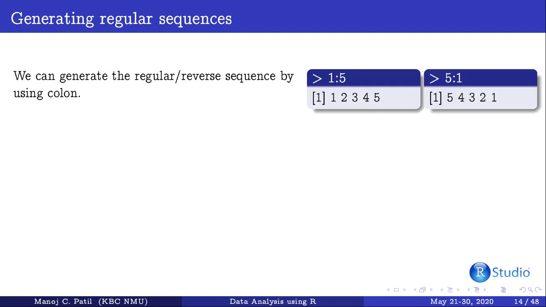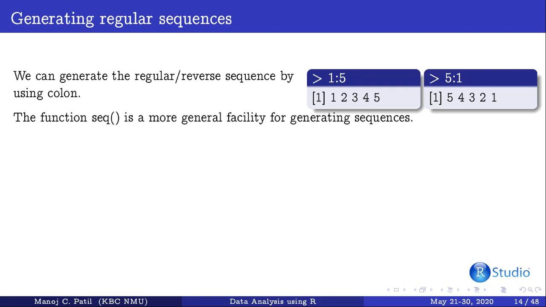But what if I want to generate a sequence of odd numbers or even numbers, where the difference between the numbers is greater than 1? In that case I can't use the colon, so I will use the sequence function, seq.